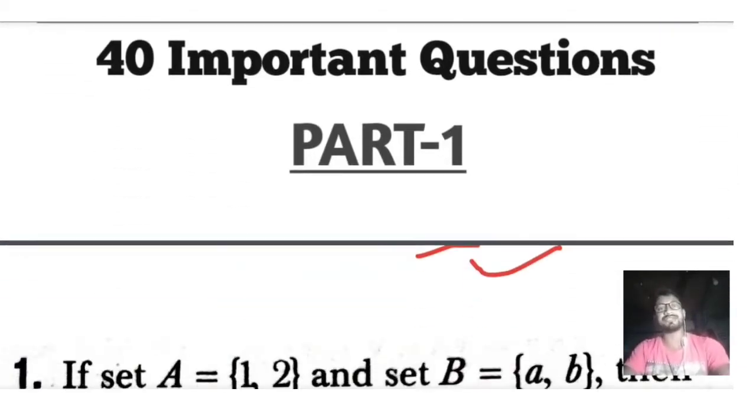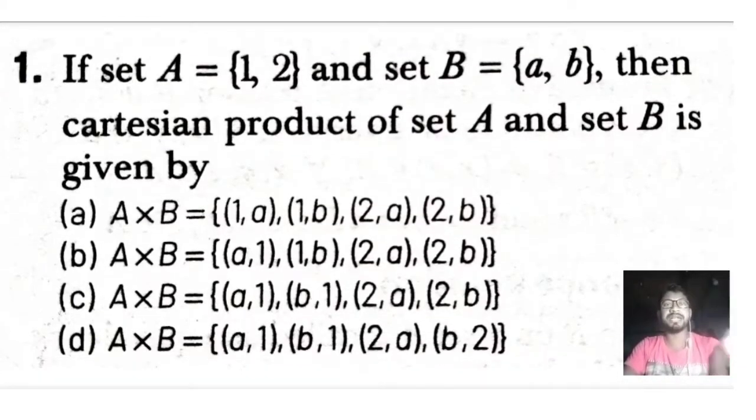Here is the first question, question number 1. If set A is {1, 2} and set B is {a, b}, then the Cartesian product of set A and set B is given by. Here are some options and you have to choose the correct one.